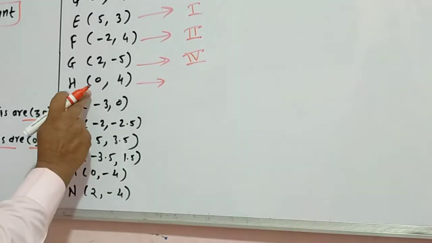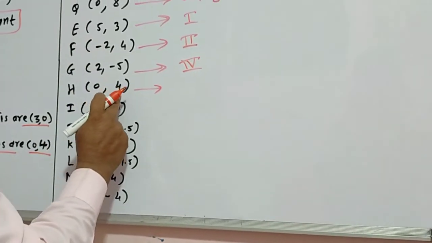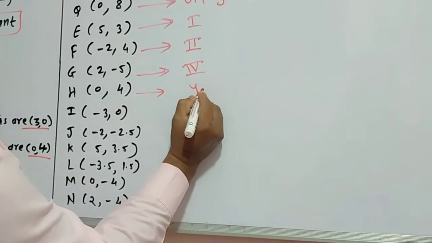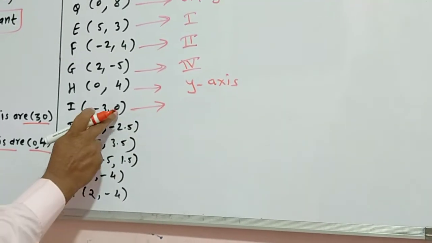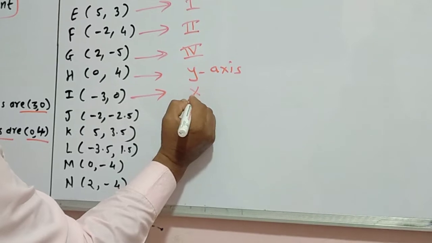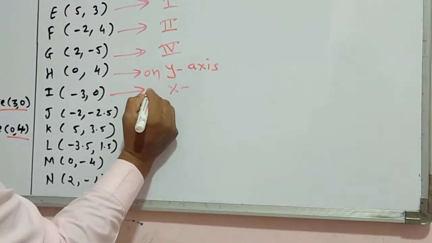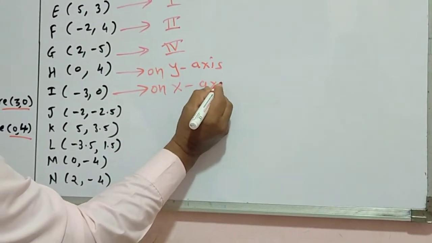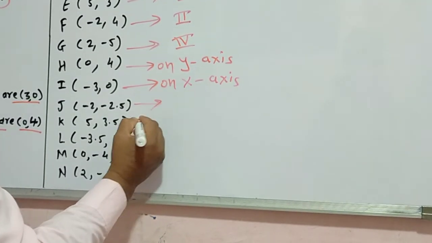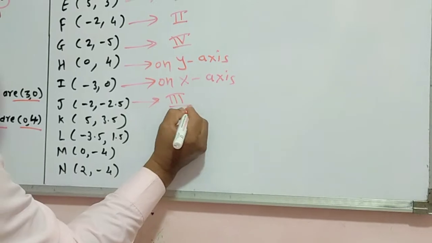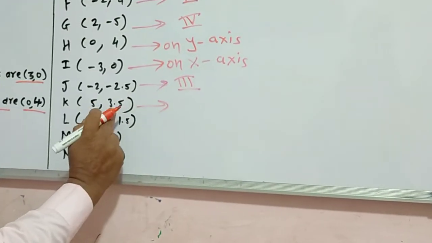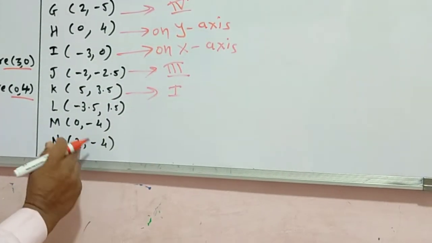(0, 4), x coordinate 0, y coordinate 4, means it is on the y axis. (-3, 0), here the y coordinate is 0, that's why it is on the x axis. Then both negative, (-2, -2.5), third quadrant. Both positive, first quadrant.